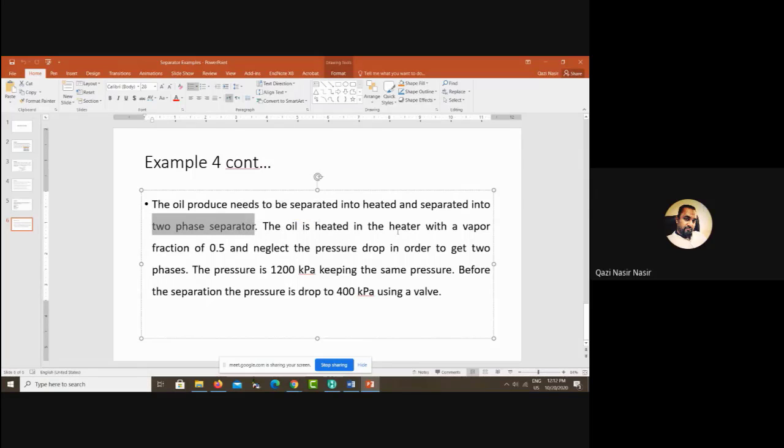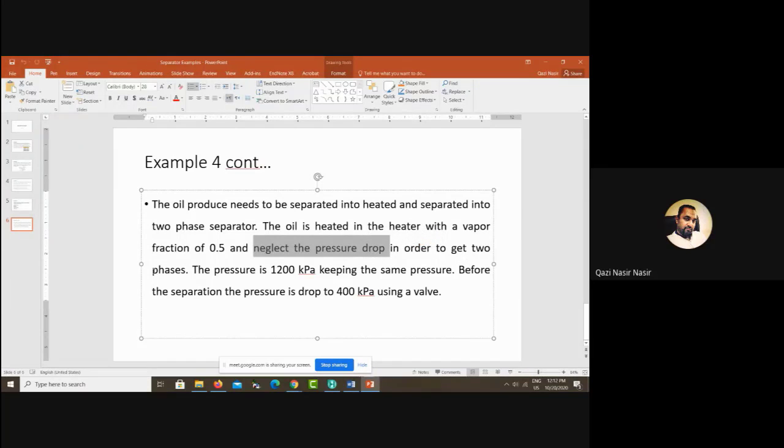The oil is heated in a heater with a vapor fraction. This is the information that you need in order to converge the heater. The vapor fraction leaving the heater is 0.5. You need to neglect the pressure drop across the heater.